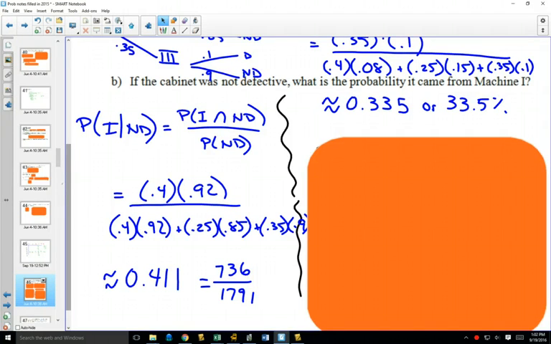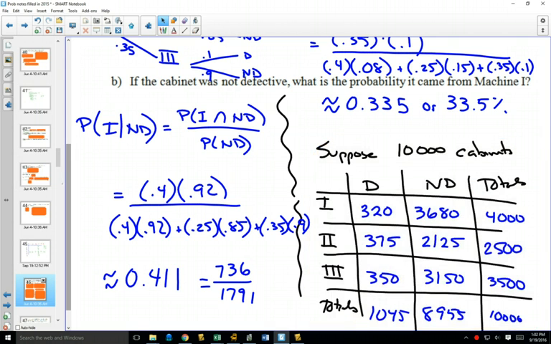Now, another way that you can look at these conditional probability questions, if you want, because this is not very intuitive to see how this answer works out, is you could pick a random big number. So I'm going to say, let's say we make 10,000 cabinets.